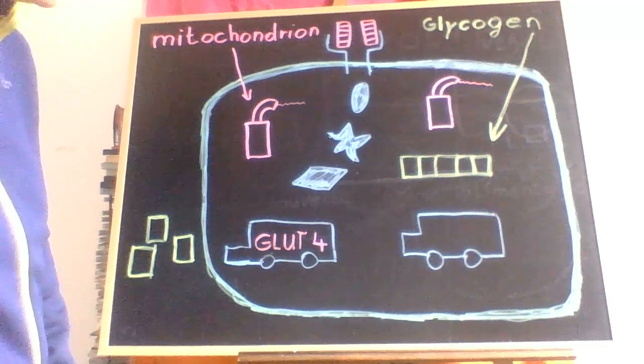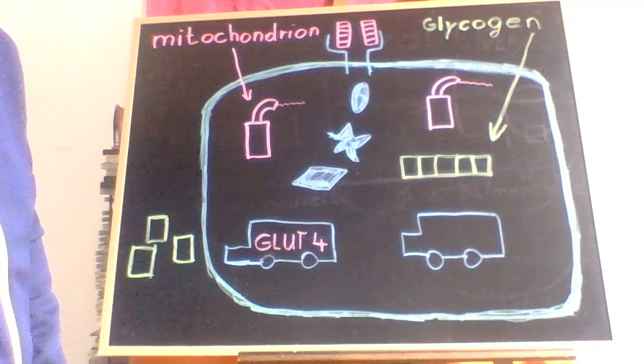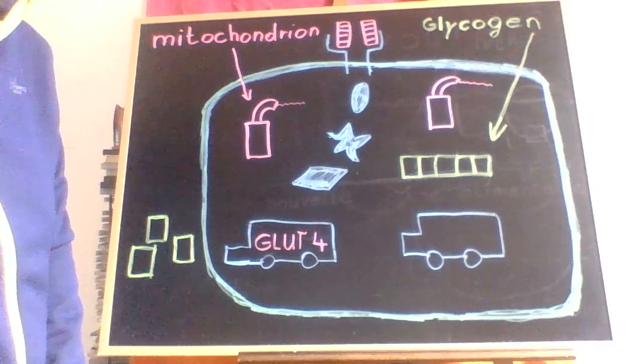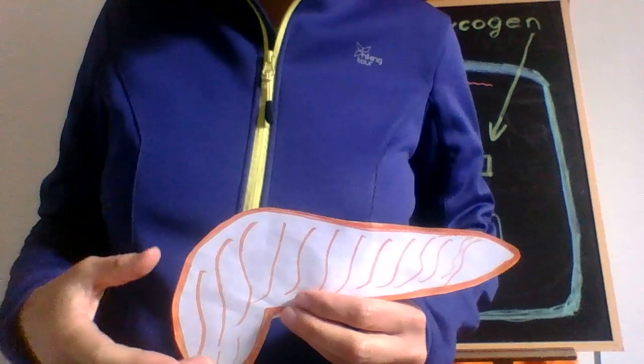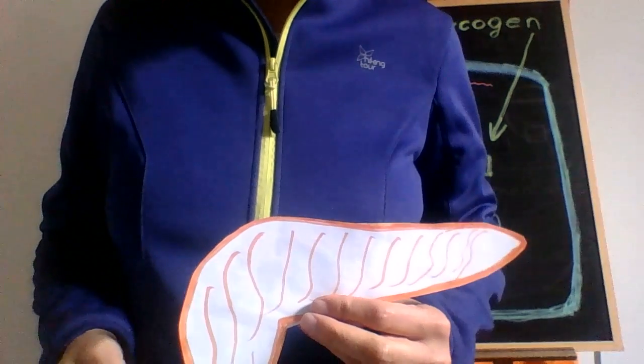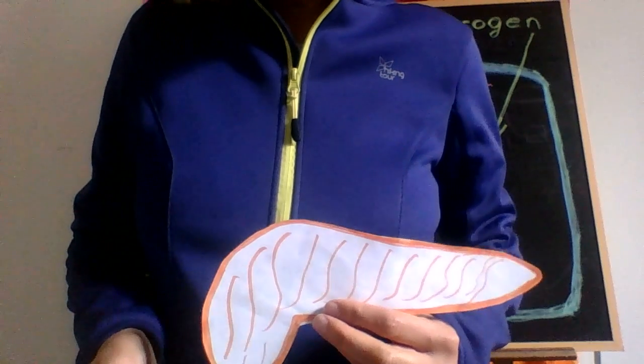So when we eat, the nutrition gets absorbed through the intestine into our bloodstream, and the pancreas will detect how much protein, fat and sugar there is in the blood and will produce insulin.